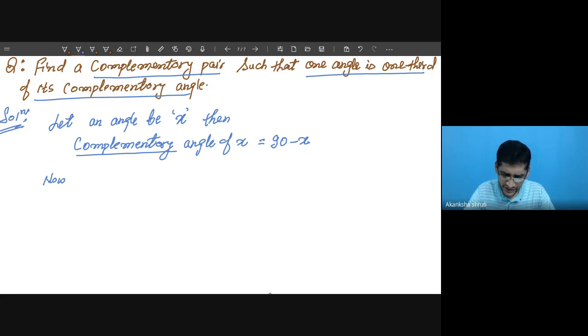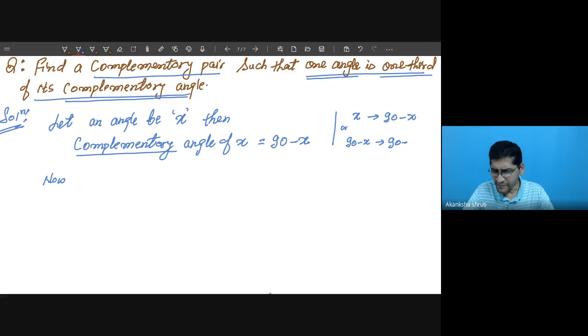Now, the condition given is one angle is 1/3 of its complementary angle. Student, in this case you have to understand, if we are considering this x, then its complementary angle is 90 minus x. Or even if you consider 90 minus x, its complementary angle will be 90 minus of 90 minus x.